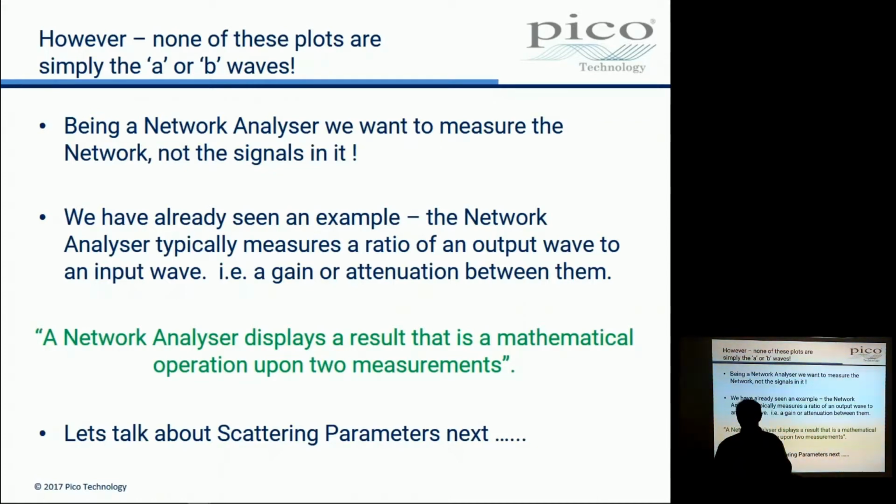And that's what a scalar network analyzer does for us. So a network analyzer displays a result that is a mathematical operation on at least 2 measurements. And then puts that on the screen, not the signals themselves. Very important. Let's talk about scattering parameters.